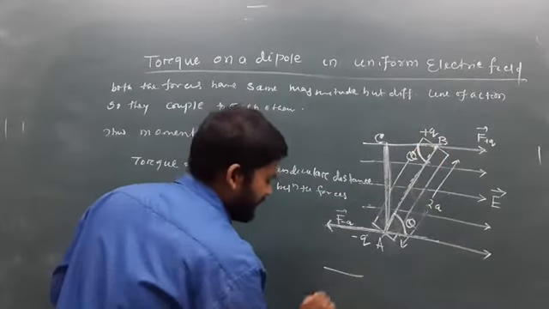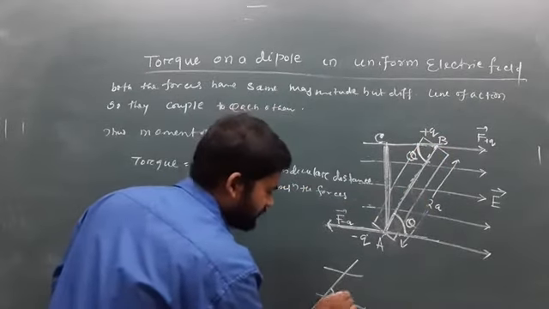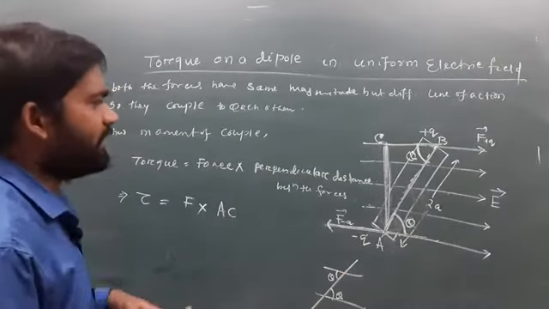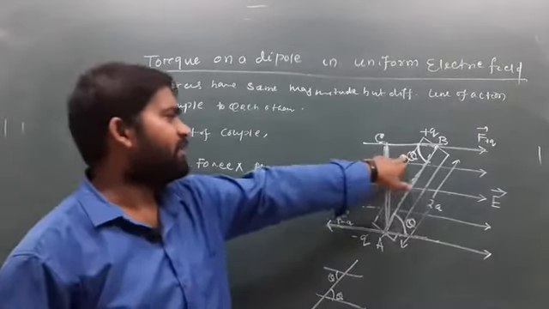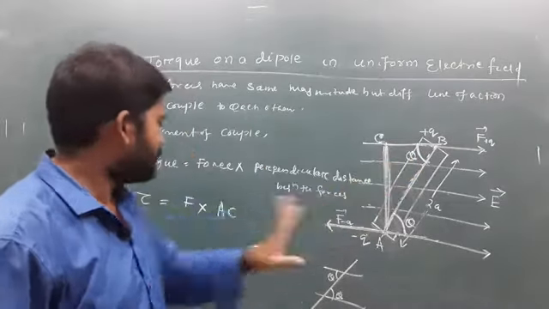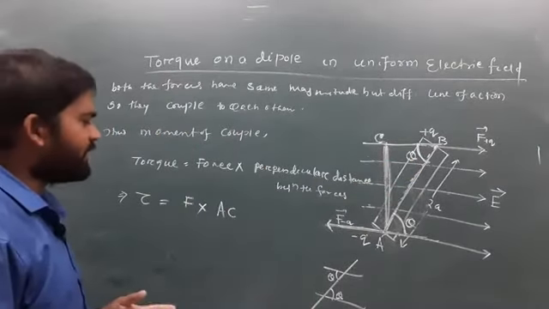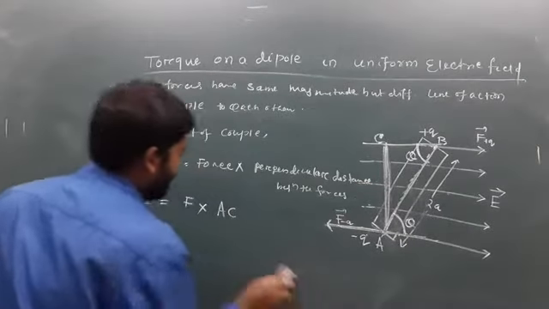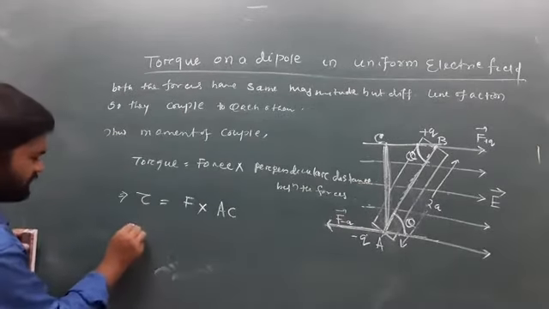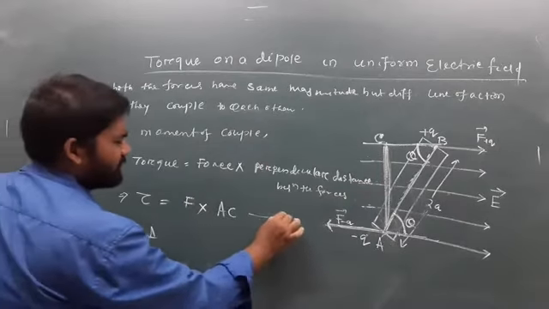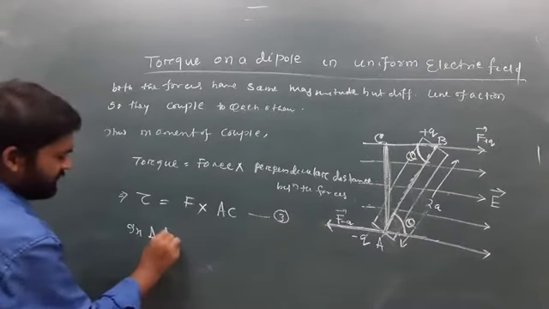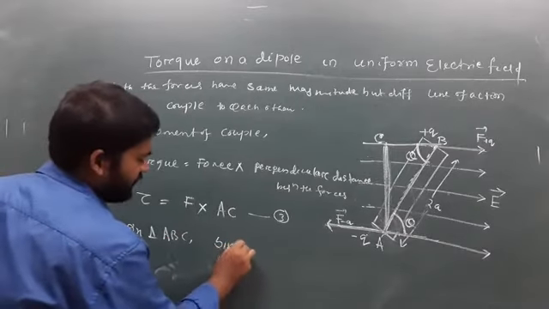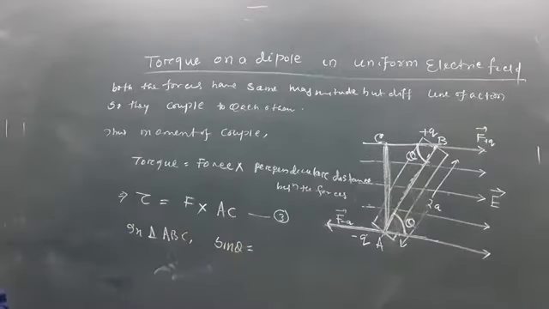Like this angle is theta, this angle is also theta. So in triangle ABC, angle B is theta. If I take sin theta in triangle ABC, why do we take sin theta?